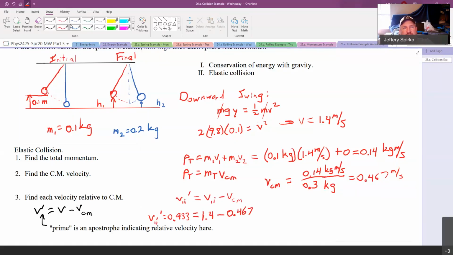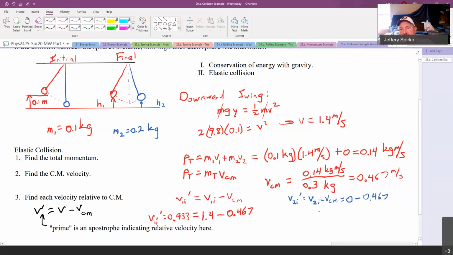And we can do the same thing for V2. V2 initial prime is V2 initial minus V center of mass. We just take the regular velocity of the blue object before the collision. It wasn't moving, so that would be a 0 minus 0.467.